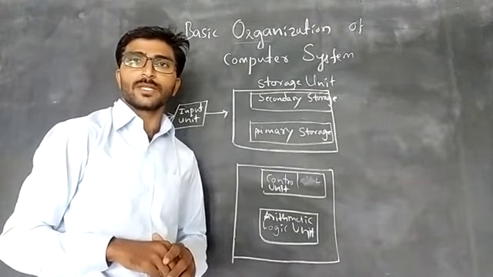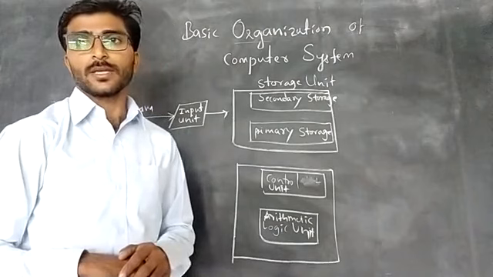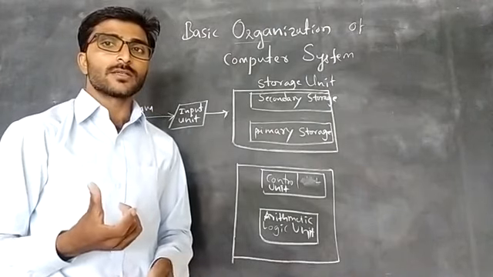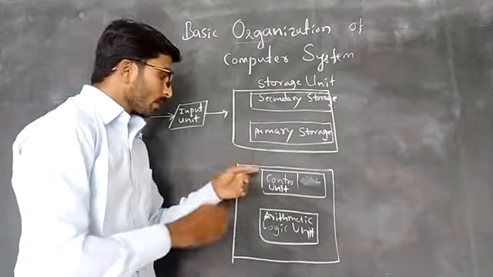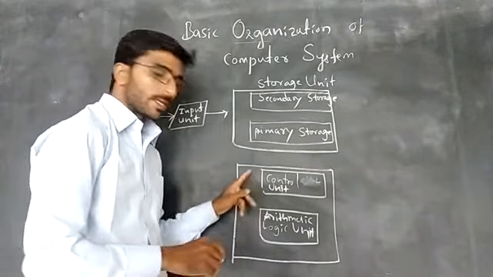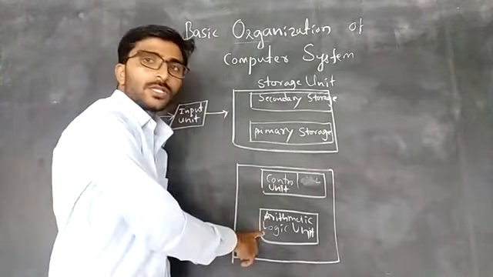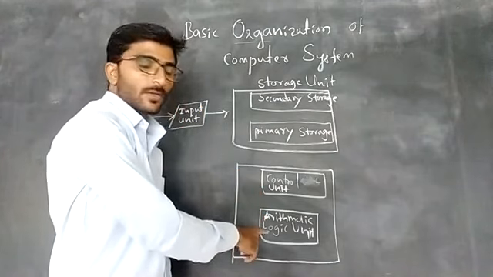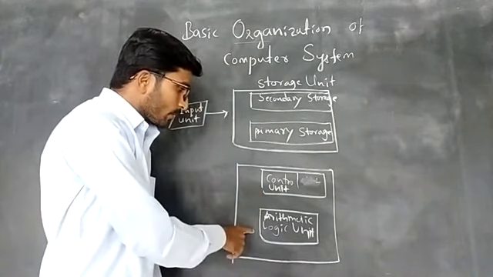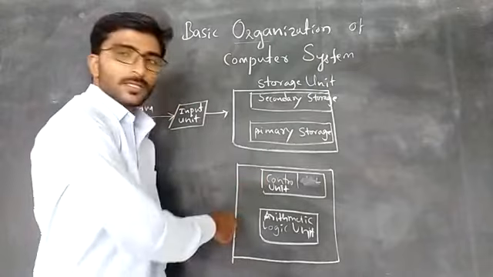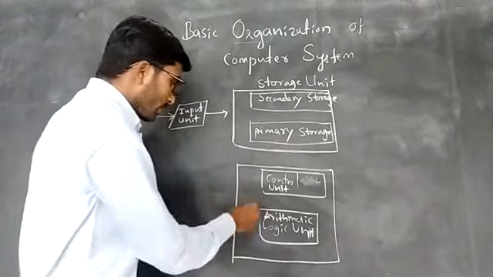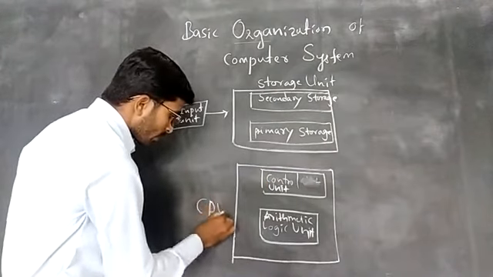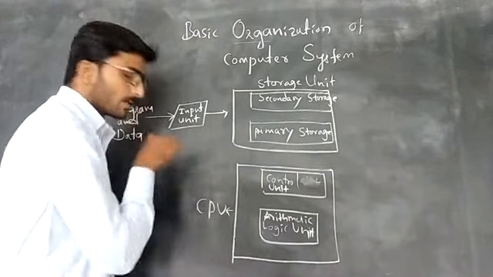We can say normally CPU. So CPU, what does it contain? There are two units that CPU contains. One is the control unit, another one is the arithmetic logic unit. These are the two units which are available in the central processing unit. We can say CPU. This is called CPU.